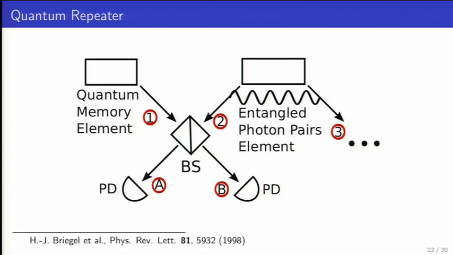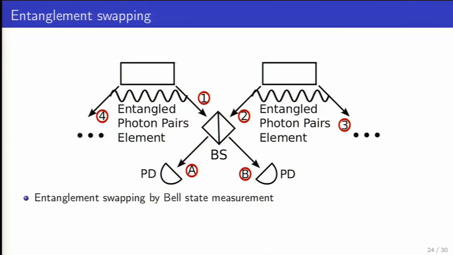It's entanglement swapping. Entanglement swapping means that you have here photon 1 and here photon 2, and you send both photons, which are part of entangled photon pairs, to this beam splitter. When these photons are indistinguishable, they bunch and end up at either this photodetector or this photodiode.